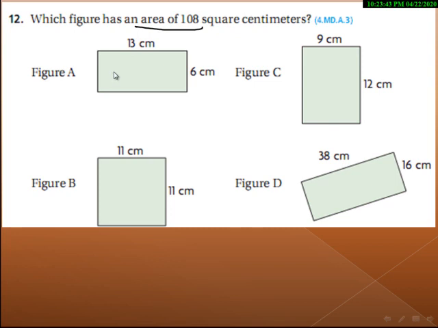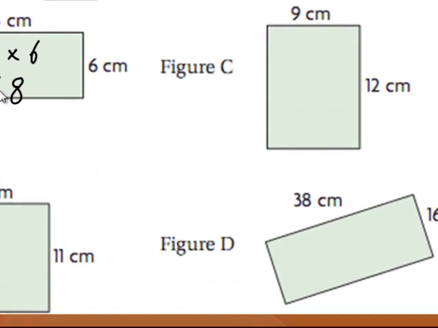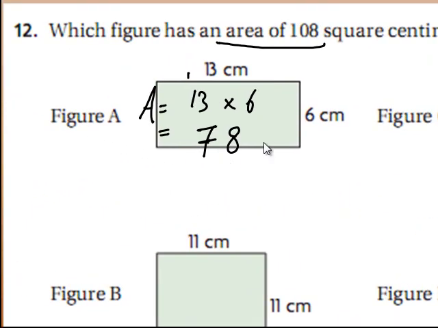So for the first one, I'm gonna use my formula for area. Area formula says base times height, 13 multiply 6. 3 by 6, 18, 8, and we carry up 1 equals 7. 78. 78 square centimeters, but I'm looking for 108.